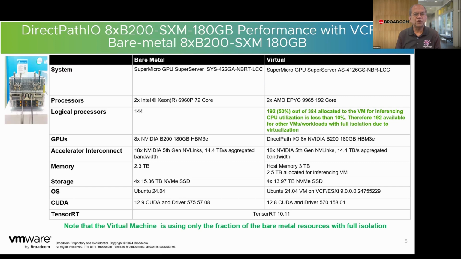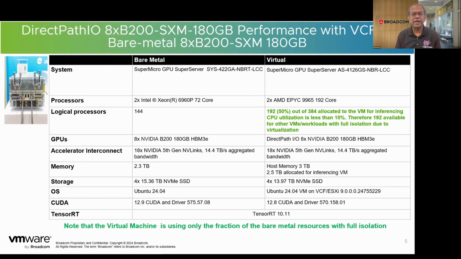You can see the picture of the liquid-cooled host on the left side of this slide, where you can see the ducts going in, and that's where the liquid goes in and comes out. That cools the GPUs. On the virtual side, we only use 192 out of 384 cores. That leaves 192 CPU cores available for other virtual machines or workloads with full virtualization. And this is the benefit of virtualization.